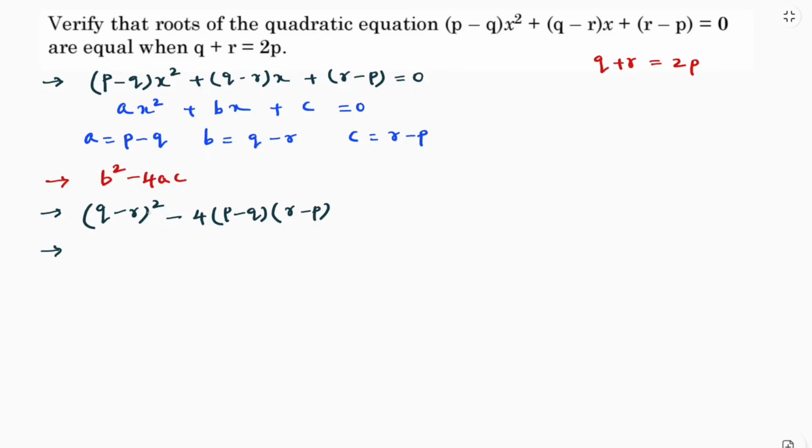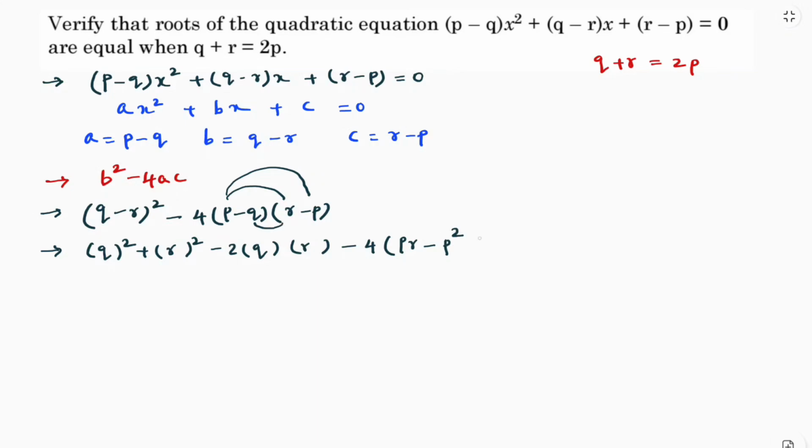(a minus b) whole square, if I expand, is a square plus b square minus 2ab. So it is q square plus r square minus 2qr, minus 4 times, if I multiply p into r, pr, p into p, it's p square, minus p square minus qr minus into minus plus pq.